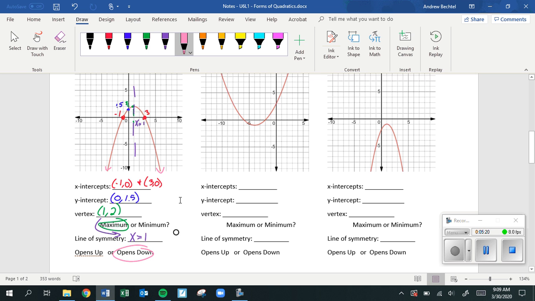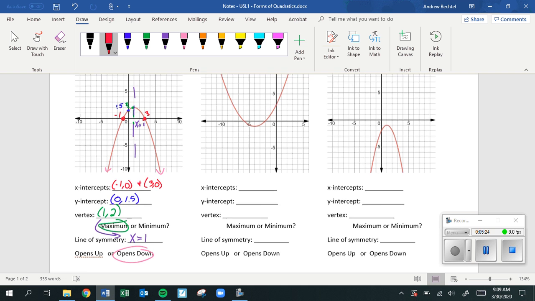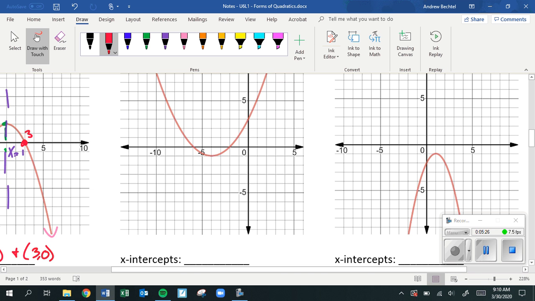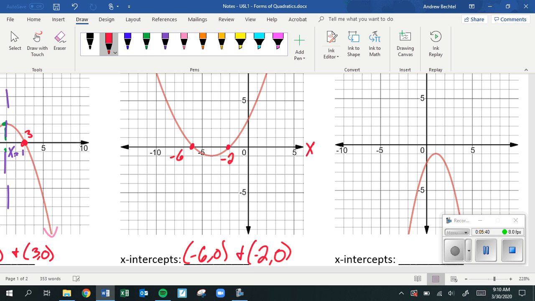Let's go through the next one a little bit more quickly. X-intercepts. We're looking for where it crosses the x-axis, which is right here. So it crosses at -6 and -2. The proper notation is to list these as an ordered pair, where we give the x and the y coordinate. Remember, the y coordinate on this line is 0.